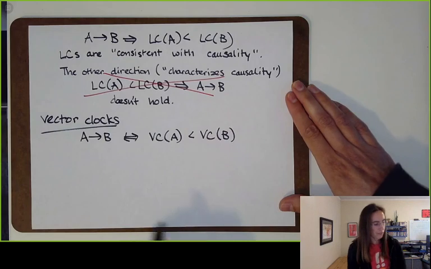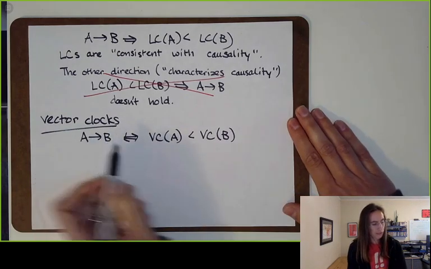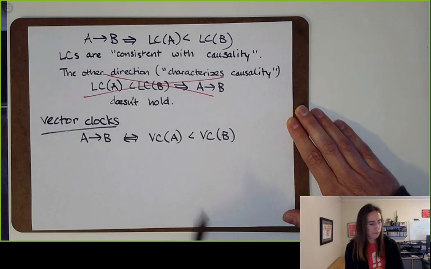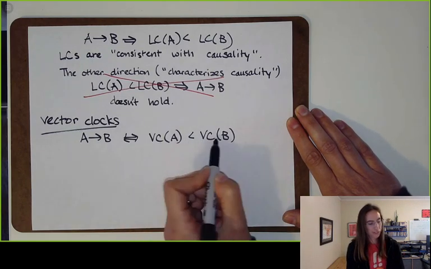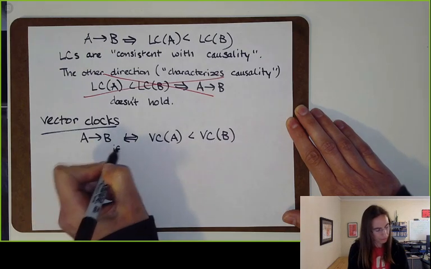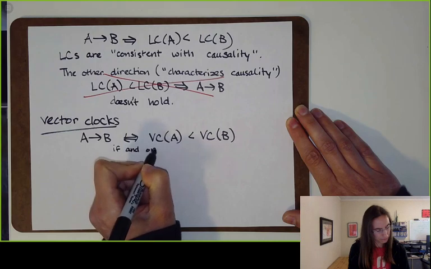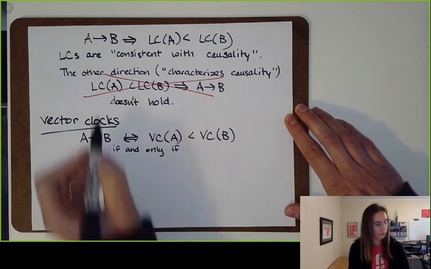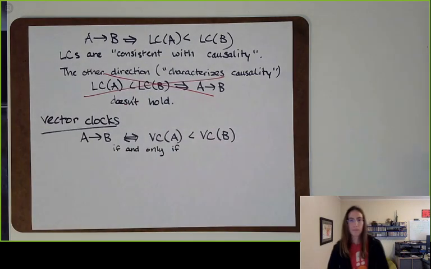If A happens before B, then the vector clock of A is less than the vector clock of B. And also, if the vector clock of A is less than the vector clock of B, then A happens before B. So that's if and only if this time. We have both directions of this implication. Not just if, like we had before, but if and only if. This is big. This means that vector clocks are consistent with causality and characterize causality.